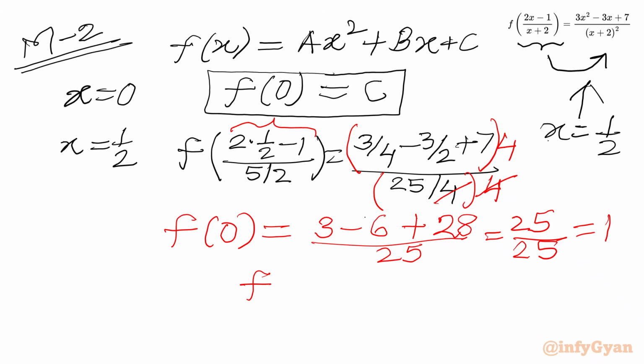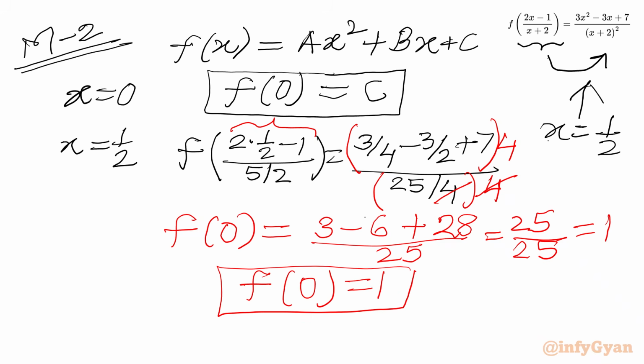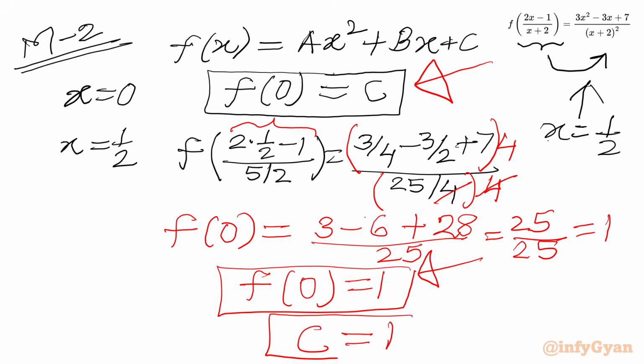So f of 0 should be equal to 1. From these two equations, f of 0 is c, and f of 0 is 1, so we will say c equal to 1, which we are going to plug in over here.